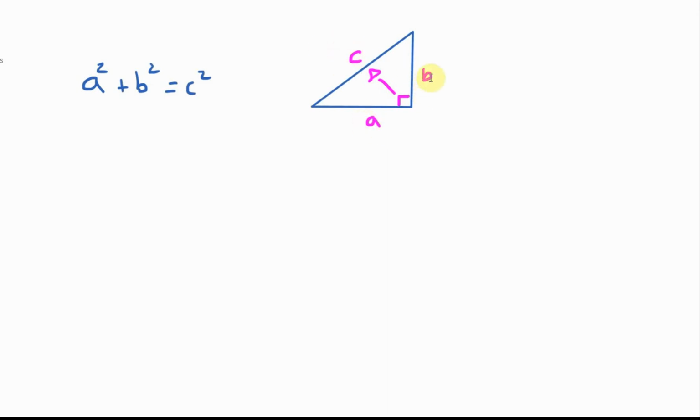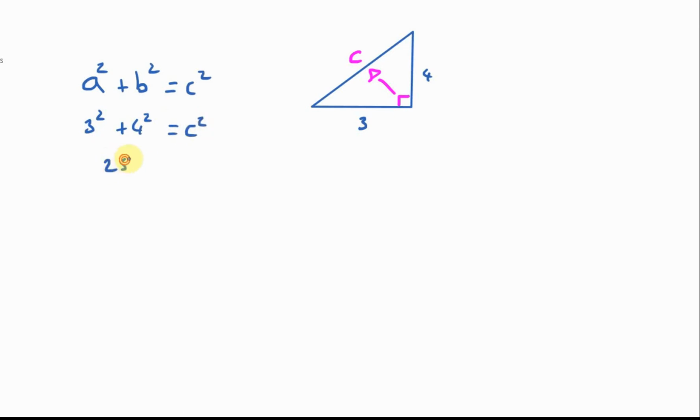So 3 squared plus 4 squared is equal to C squared. Let's just do that as a little exercise then. We know the 2 shorter sides. So if we said that was 3 and 4, what's the longer side? Well, the working would look something like 3 squared plus 4 squared is equal to C squared.